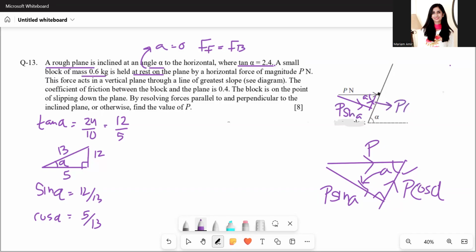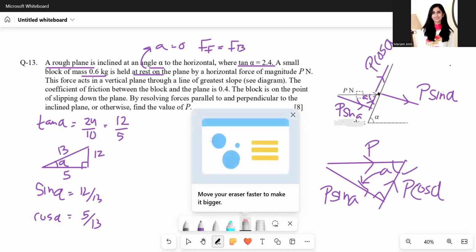Let me redraw this, and I'm going to make this force downwards representing this. It's a downward force. I can just draw it from the block. This downward force is P sine alpha, and this force I'm drawing up the plane like this. This would be P cos alpha. Okay, let's clear this.